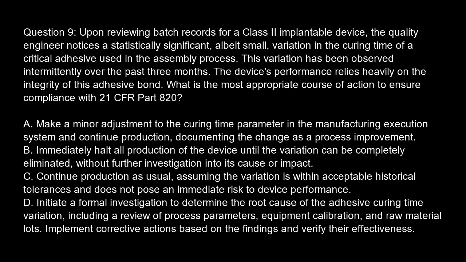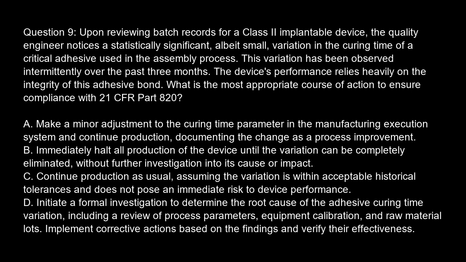Option A. Make a minor adjustment to the curing time parameter in the manufacturing execution system and continue production, documenting the change as a process improvement. Option B. Immediately halt all production of the device until the variation can be completely eliminated without further investigation into its cause or impact.